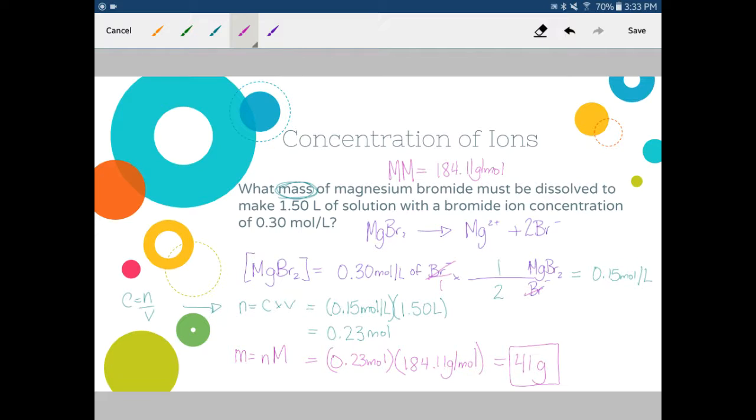Once I get my concentration, I can calculate my number of moles, which I calculated to be 0.23 moles. In order to calculate mass, I know that mass equals moles times molar mass. This is a calculation I've done several times at this point because I've done it since Science 10. I get 0.23 times my molar mass of 184.11, getting me my answer of 41 grams.